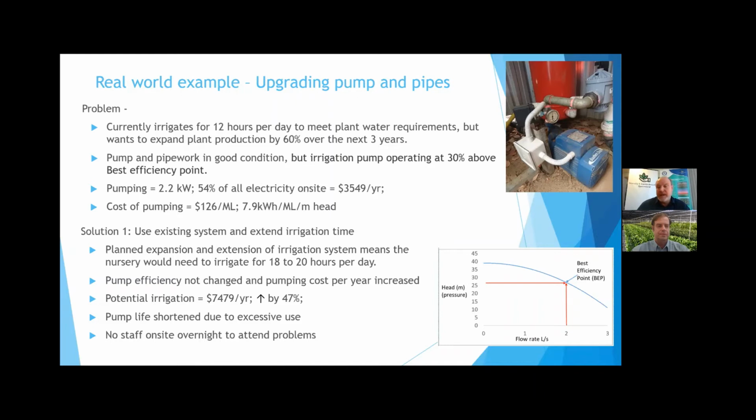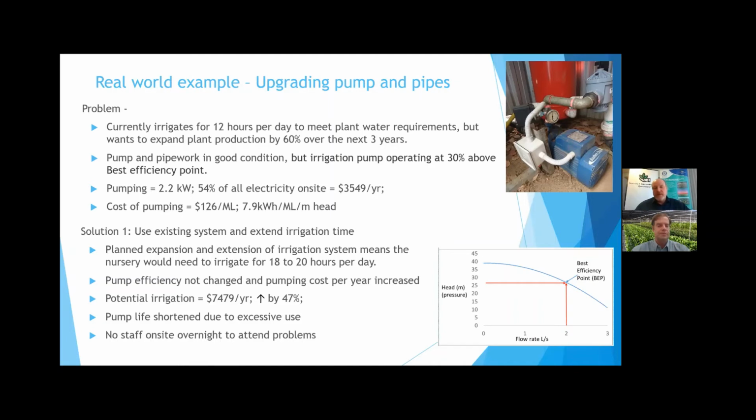Problem being is that it increased his time to irrigate the nursery to 18 to 20 hours per day. The pump was operating at a much higher level. His cost of irrigation went up to about $7,500, which was a 47% increase. And he could still only irrigate one zone at a time.